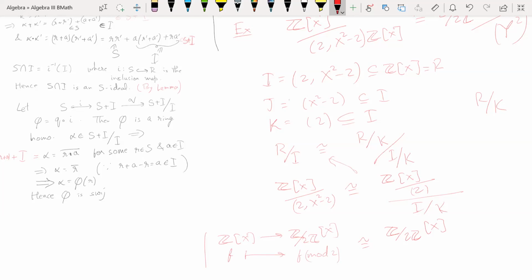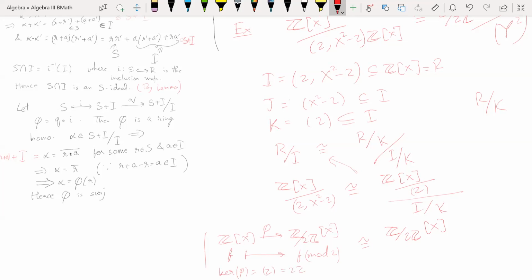This is a surjective ring homomorphism, and the kernel is precisely polynomials which are multiples of 2, divisible by the number 2. So the kernel of this map phi is the ideal generated by 2, so 2Zx if you like.